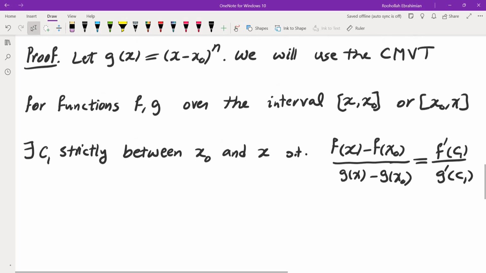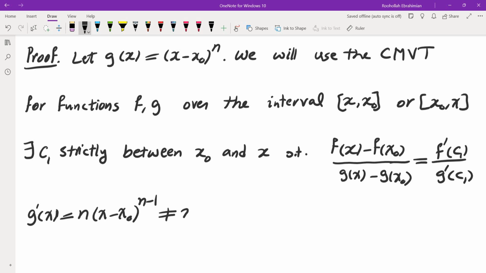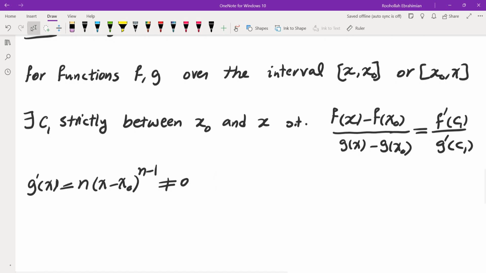Now notice that if you look at the derivative of g, g prime of x is equal to n times (x minus x naught) to the power of n minus 1, which is nonzero over that interval x naught to x or x to x naught.